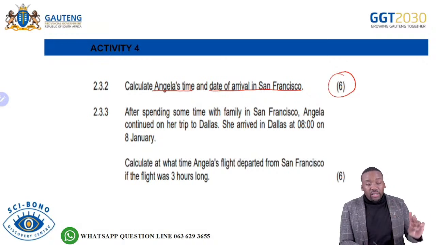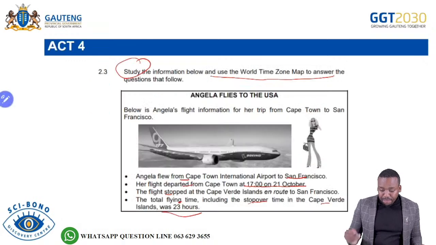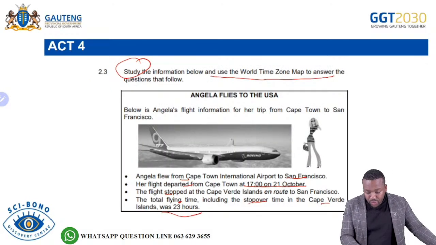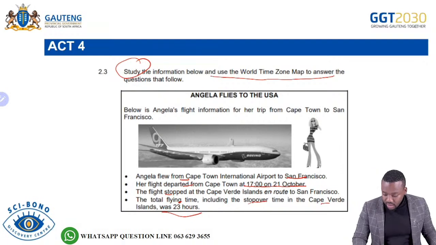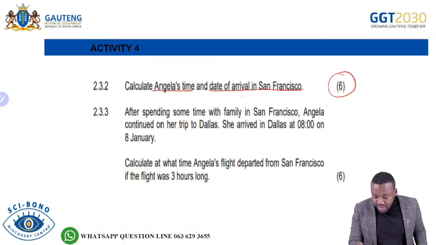They want two things: the time and the date. Go back to the case a bit. Angela flew from Cape Town to San Francisco. She departed from Cape Town at 1700, right? What do they want here? They want us to calculate time and date.